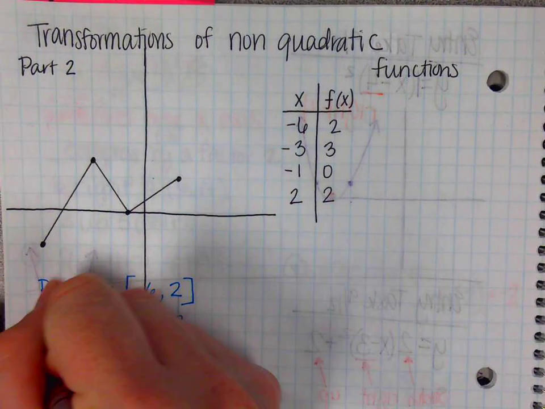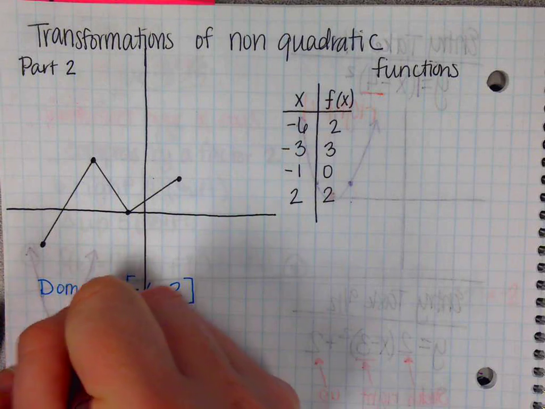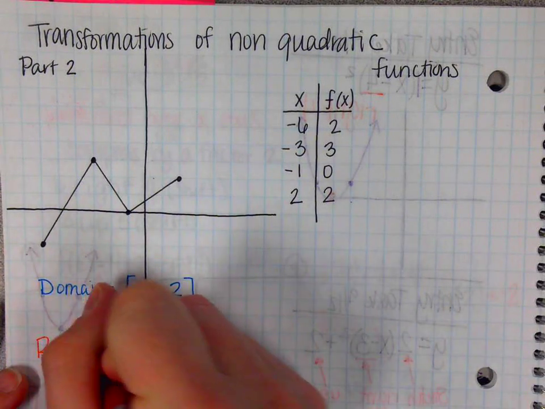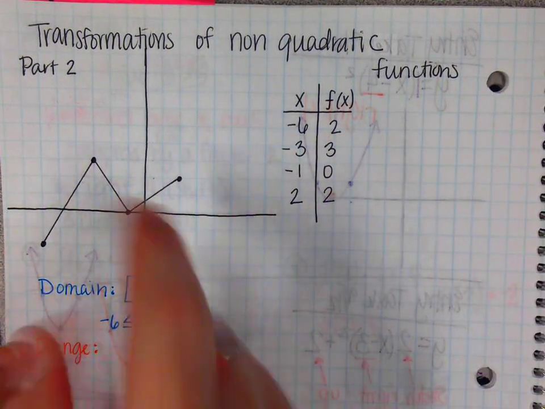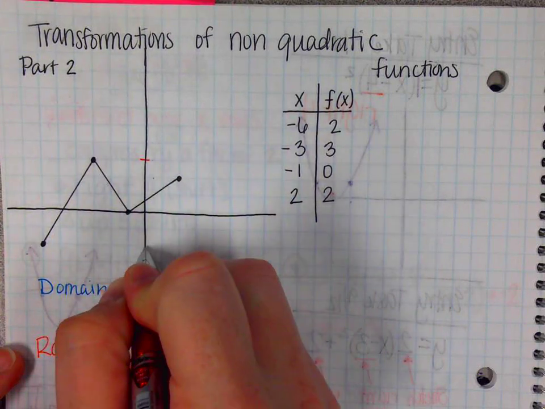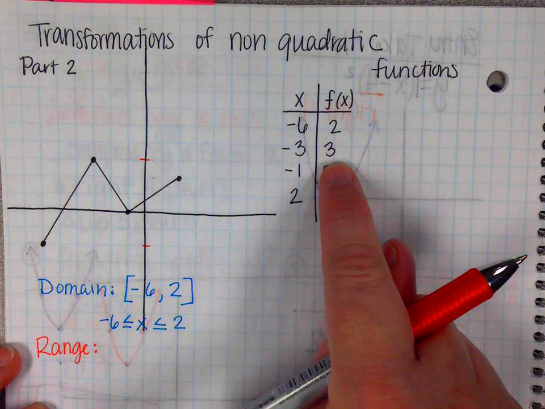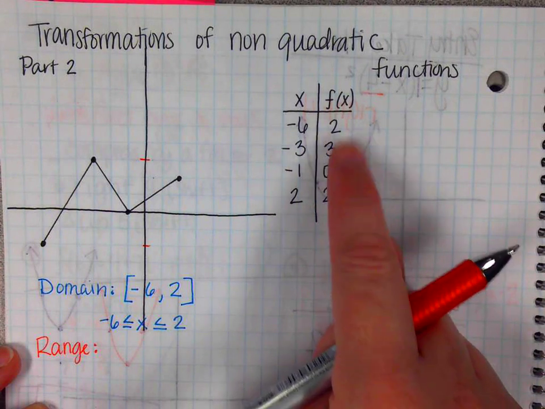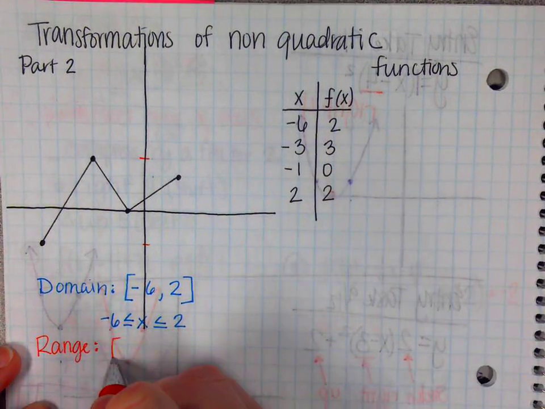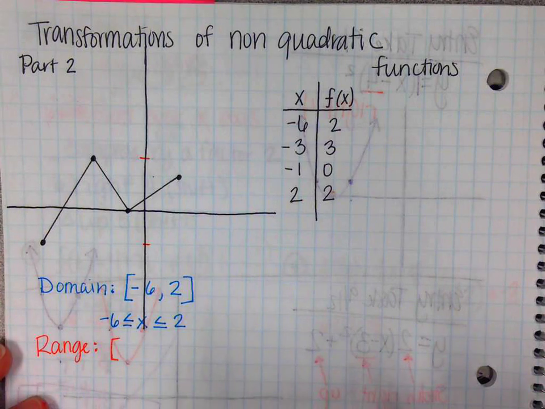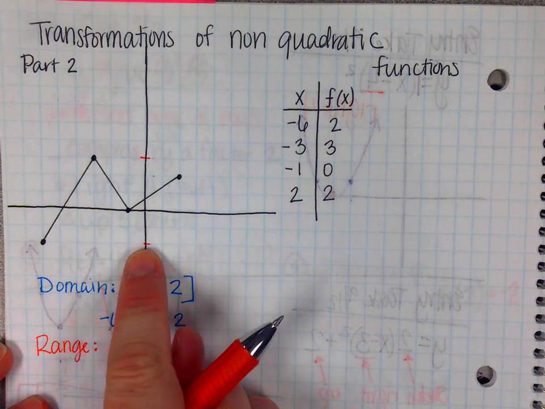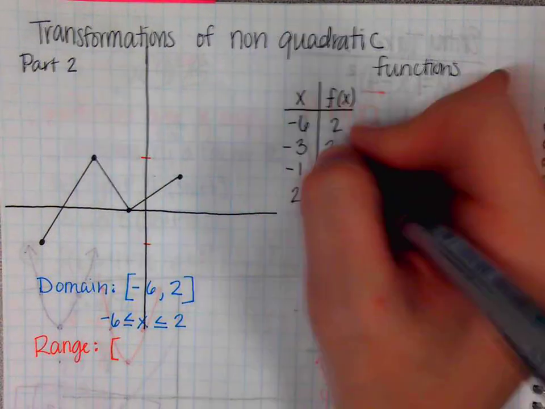And then the range, if you look at these values, or along the graph, you can see it goes 2, 3, 0, 2. Oops, I forgot a negative on that.